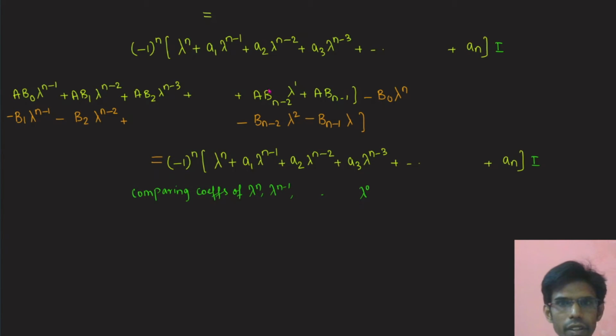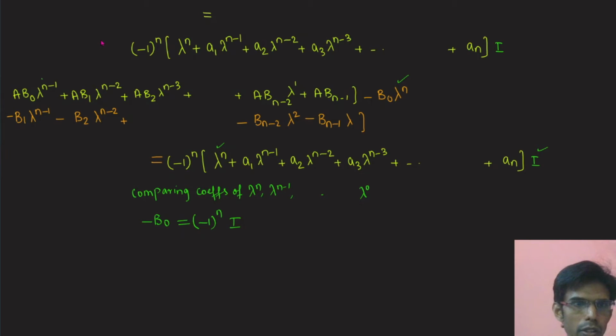So lambda power of n, here we have lambda power of n, value is minus b naught is equals to, on the lambda power of n, here we have coefficient as minus 1 power n into I. So we are comparing the coefficients on both sides. So the first equation that I am getting is minus b naught equals minus 1 power of n into I.